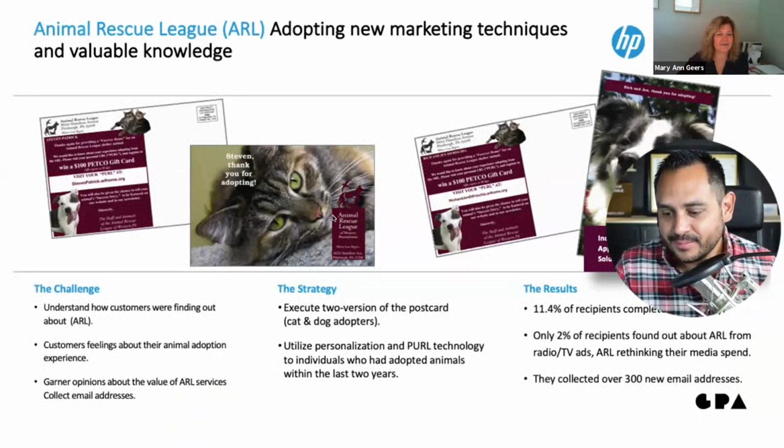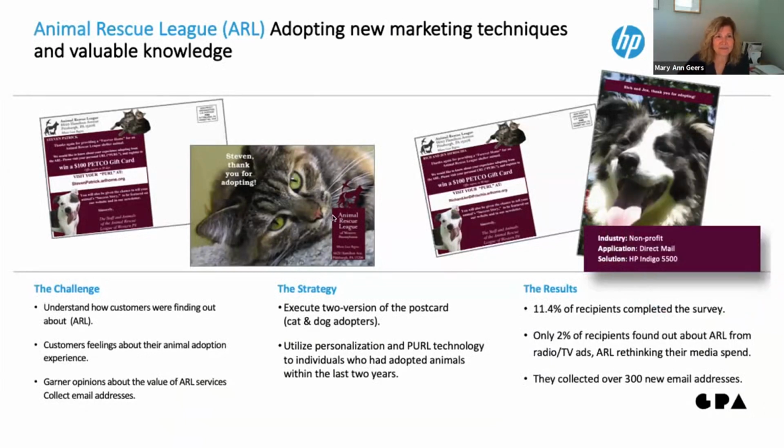This is great. This came from our friends at HP, and it's really talking about new marketing techniques. Now, a couple of things that you guys should know, which is very interesting. How many people have a pandemic pet? A pandemic puppy, a pandemic cat.